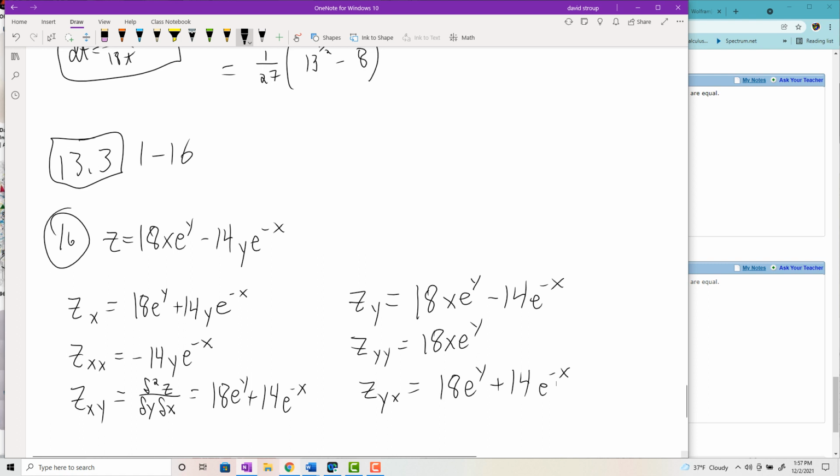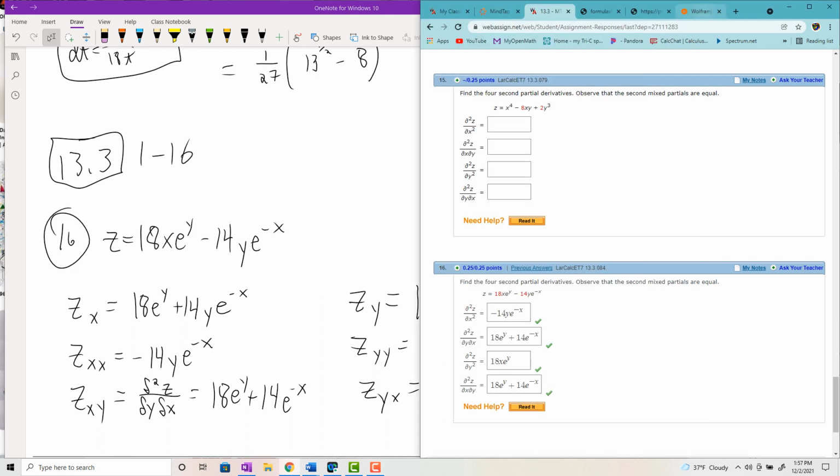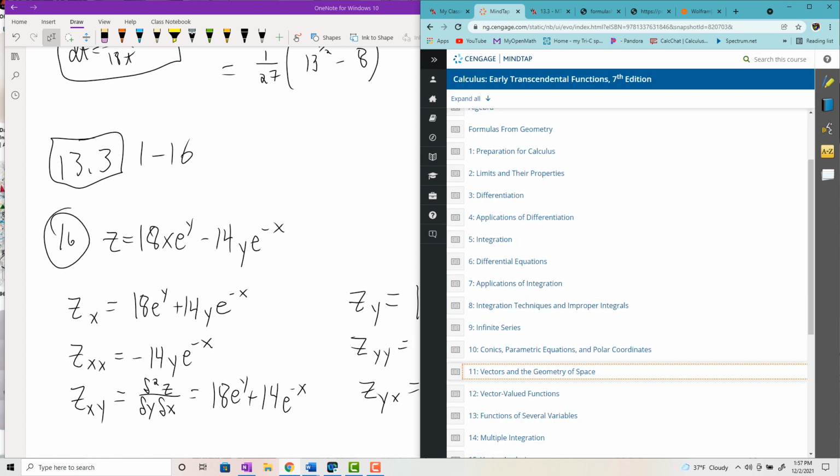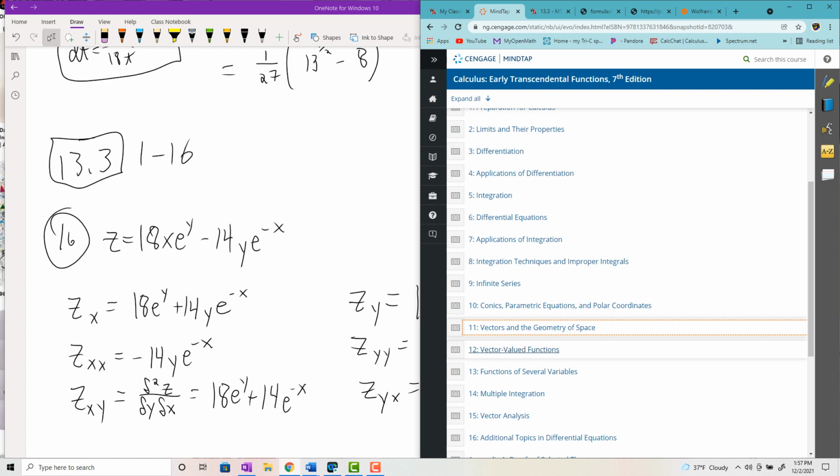And those mixed partials being equal would be a criterion for a vector field to have a potential function. If you remember, that came up in that section. So they're in general usually equal so long as we meet some criteria. Let's remind ourselves what those criteria were. I think it's continuity of the first partials or something, but I don't remember off the top of my head.